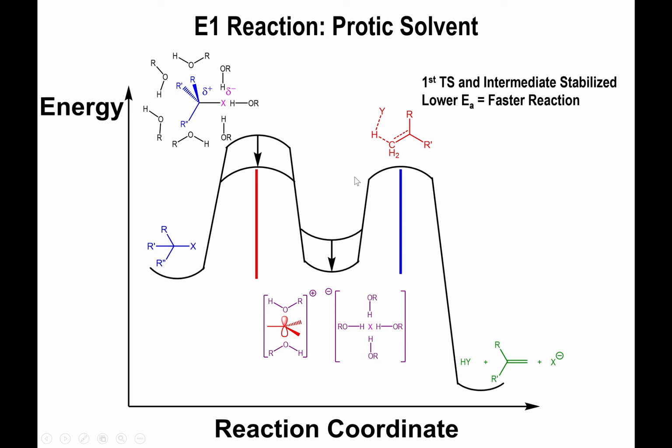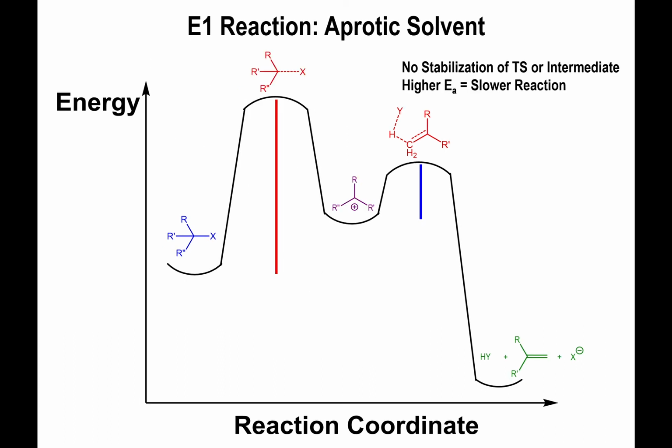At the same time, you are coordinating to your carbocation, so you are stabilizing that intermediate somewhat. Okay, so the fact that we're messing with the first activation energy really determines that the protic solvent is the solvent of choice in a unimolecular reaction.